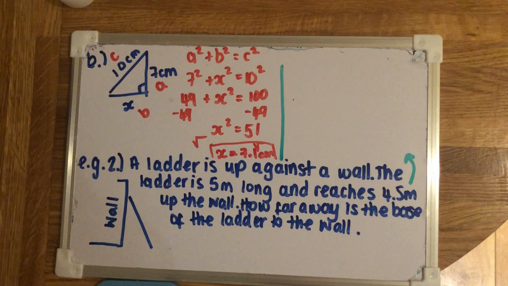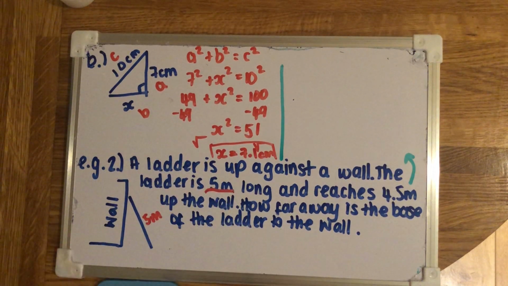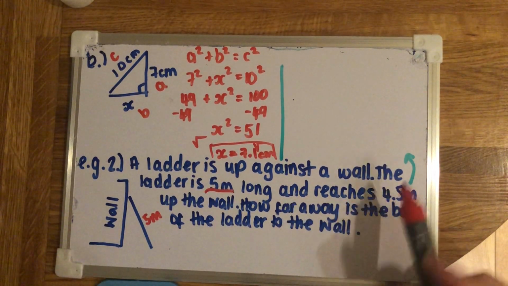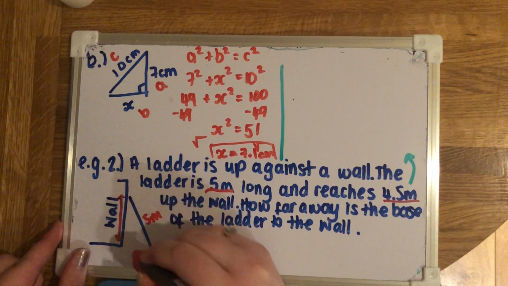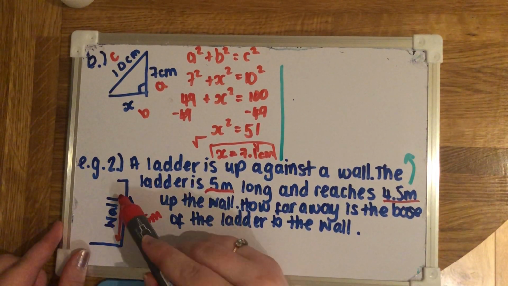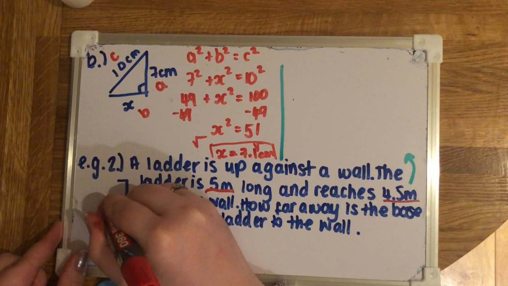The ladder is 5 meters long and reaches 4.5 meters up the wall. Okay, so first thing, this is the ladder here. We're told that it's 5 meters long, so I'm going to write 5 meters here. Okay, it then says that the ladder reaches 4.5 meters up the wall. So that means the height here, from the bottom of the wall to where it hits by the ladder, must be 4.5 meters.